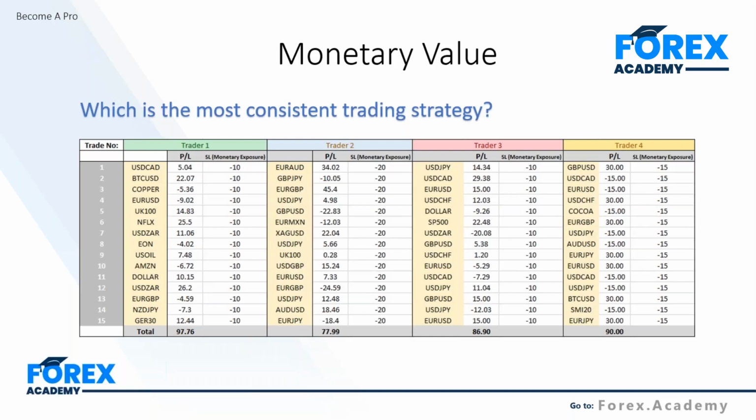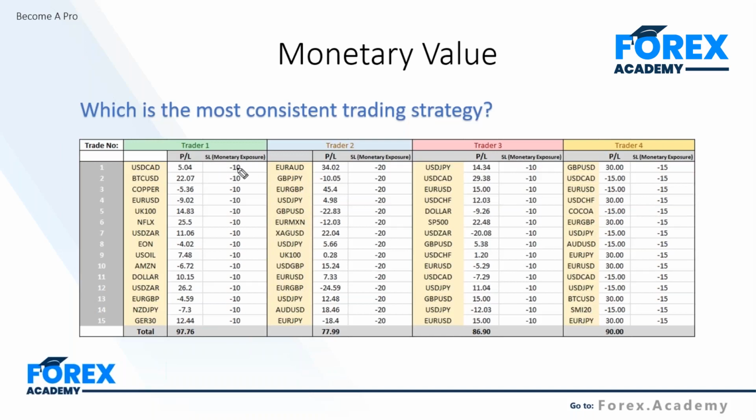What I'll use is my yellow pen here. Trader 1 again. So we see he has, of course, different assets across the board. That's fantastic. Now he has chosen to allow a monetary exposure of 10 euros for each particular trade. So that's functional.